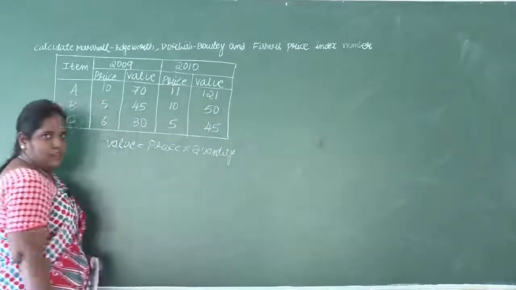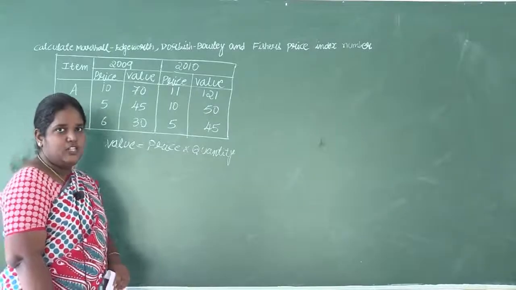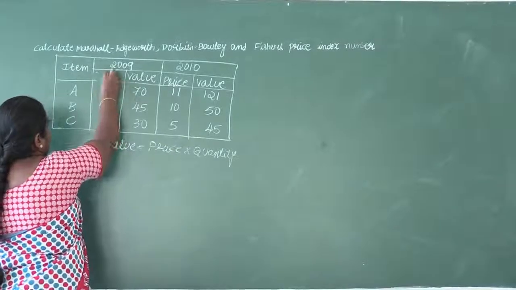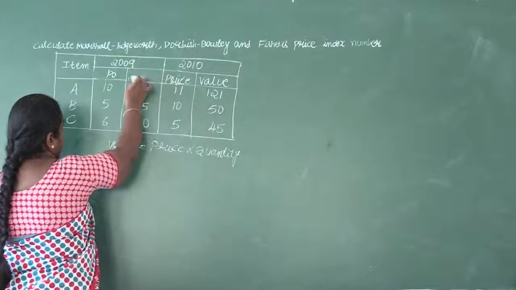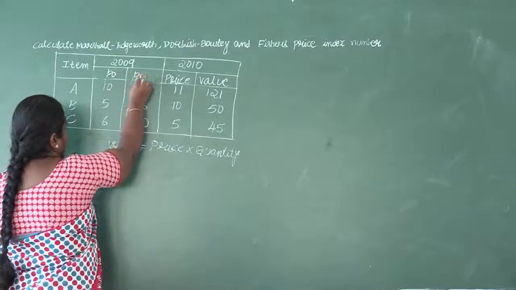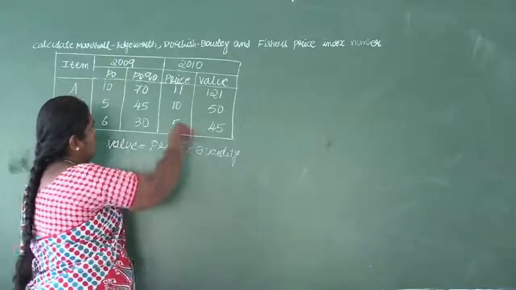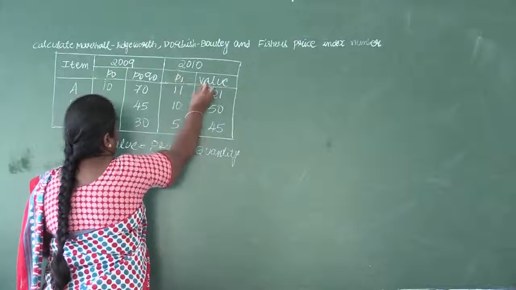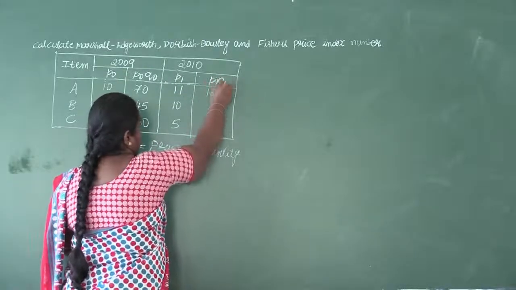Base year value is denoted by P0 Q0. Current year value is denoted by P1 Q1. So 2009 price is P0, 2009 value is P0 Q0. Similarly, 2010 price is P1, 2010 value is P1 Q1.